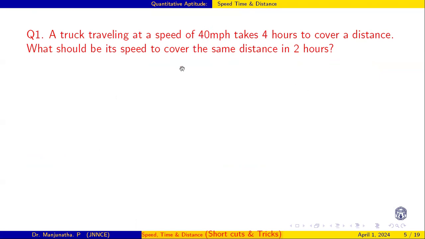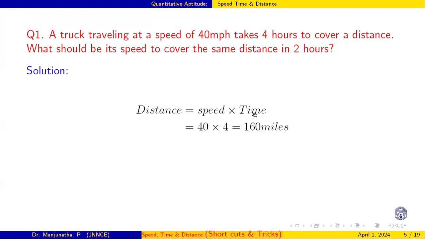Is there any method? Here it is directly given: 40 km per hour takes 4 hours. And what should be the speed to cover the same distance in 2 hours? We don't know the distance, so we can calculate the distance using the formula. Distance is equal to speed into time, that is 40 into 4, 160 km. Now we know the distance and it is the same distance in 2 hours.